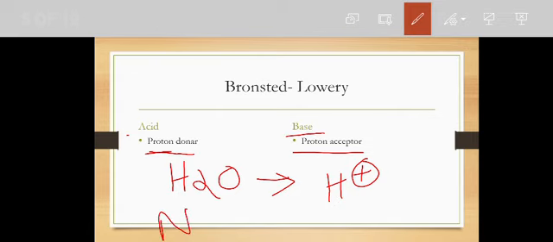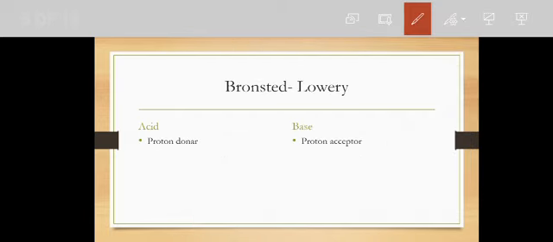So here the proton donor is H2O and the proton acceptor is NH3. How does H2O donate a proton? You know that water is of amphoteric nature. Amphoteric nature means water has both charges, positive and negative, always.